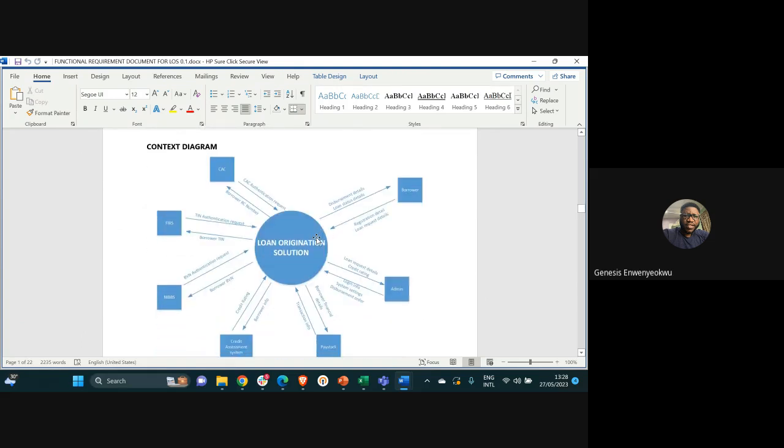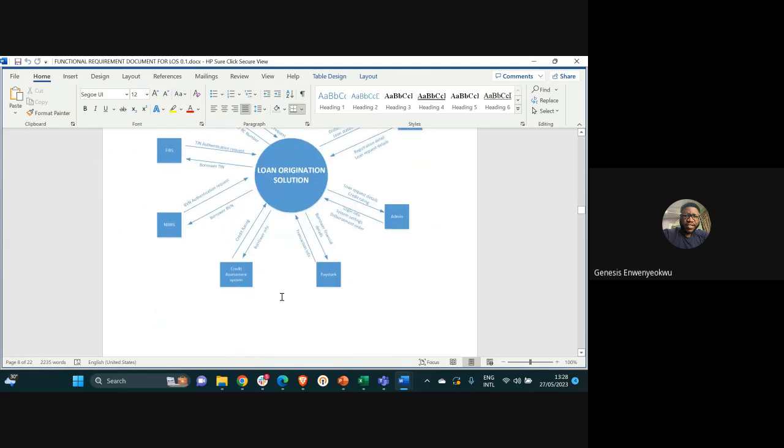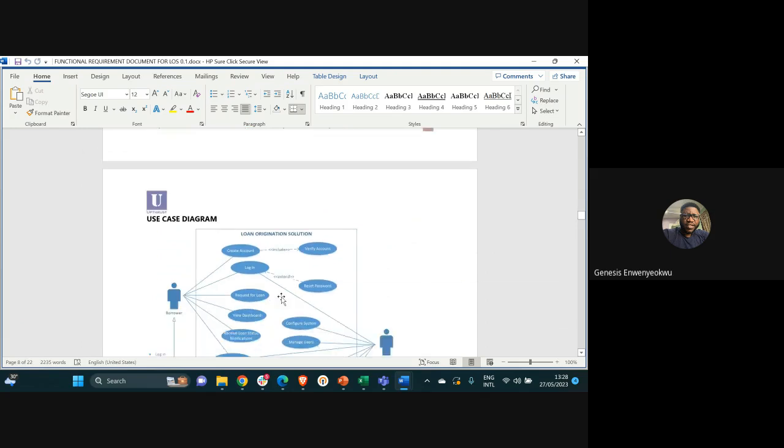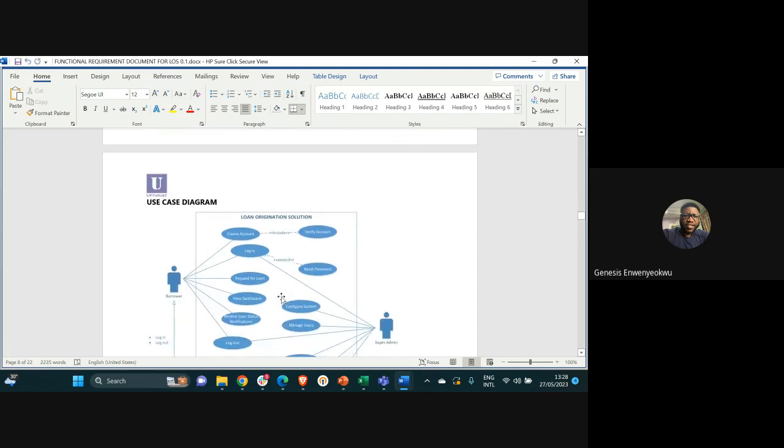Then you go into your context diagram to explain how the loan origination solution would interact with external entities, which you realize in your BRD, there was no context diagram. Then after that, you draw your use case diagram that would show the interaction between actors and the system.